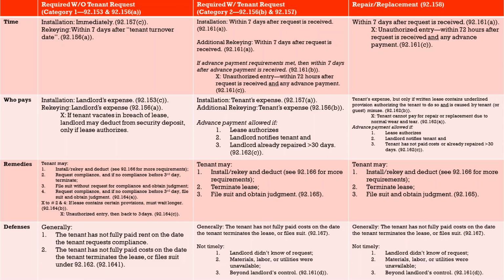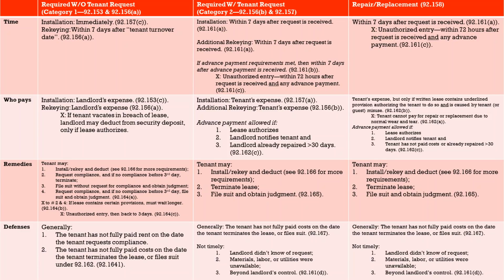Now, many of your heads may be spinning. This is a lot of information to go over, and there's a lot of very specific details when we talk about security device requirements. So we have created a cheat sheet that will hopefully be helpful to you when you're trying to look at what is actually required under the property code.